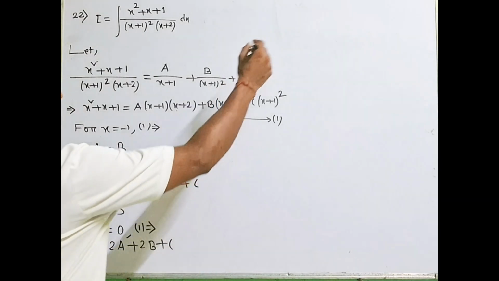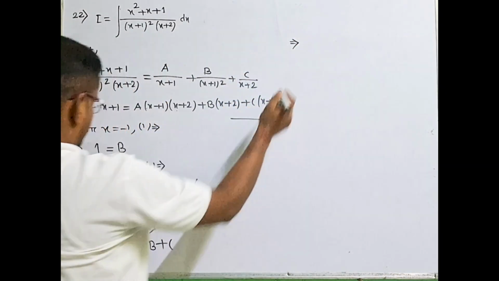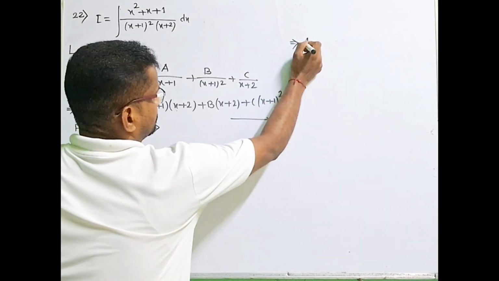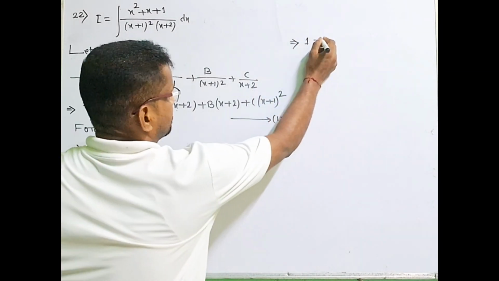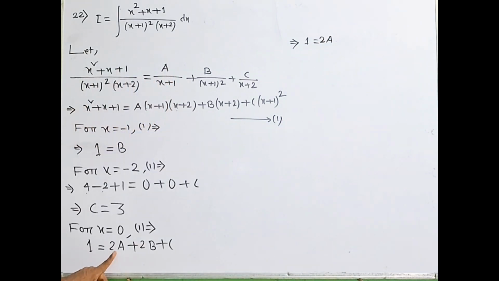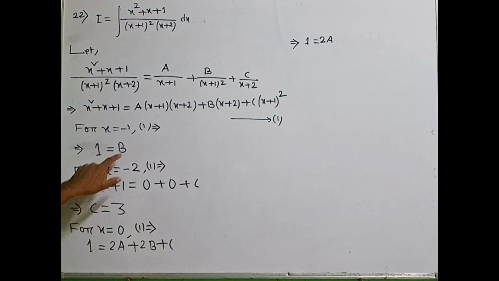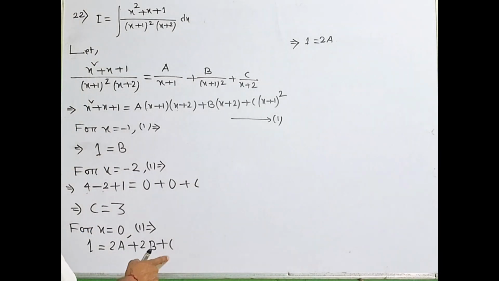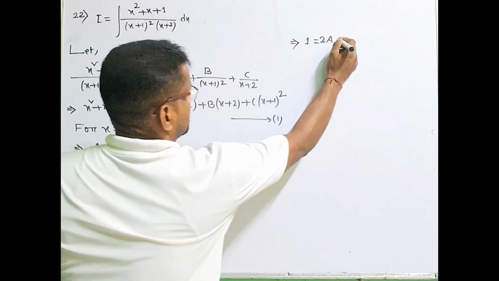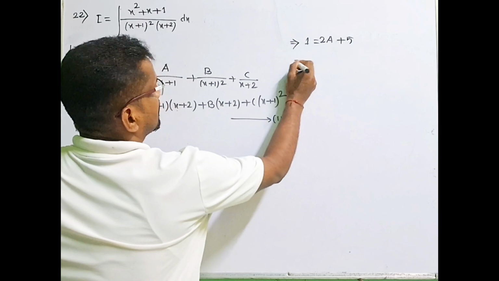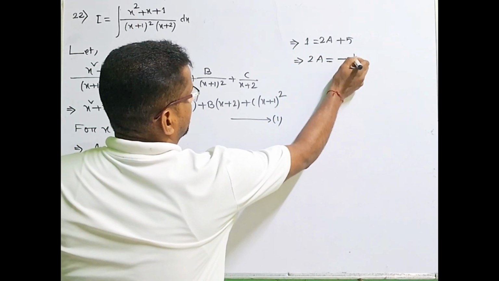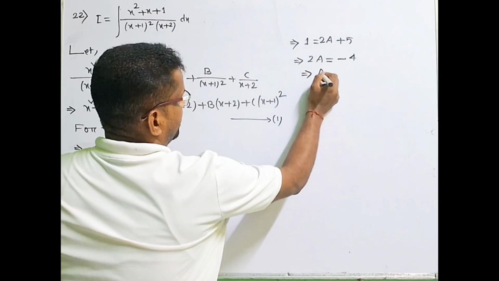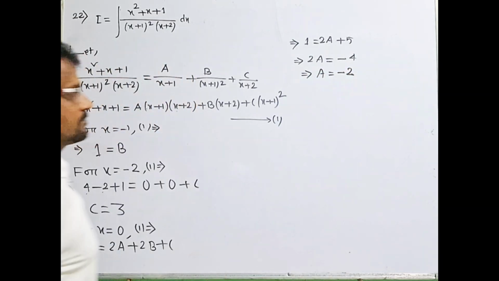So if you substitute this, then 1 equals twice A as it is, and twice B plus C. B is 1, twice B is 2, plus C, that is twice B plus C will be 5. So 1 = 2A + 5, 2A = -4, and A value is -2.